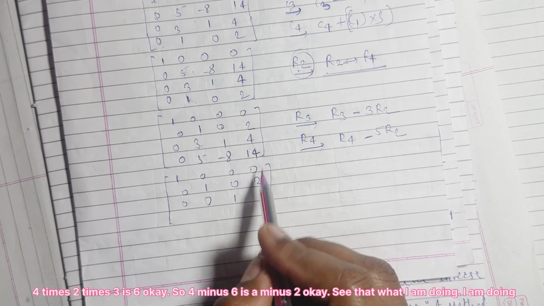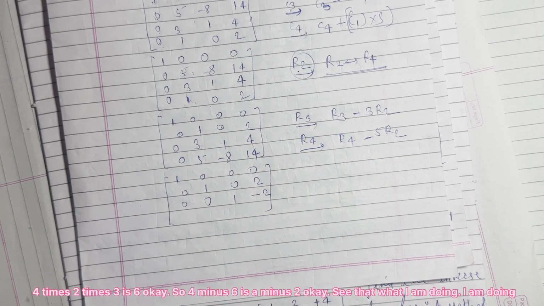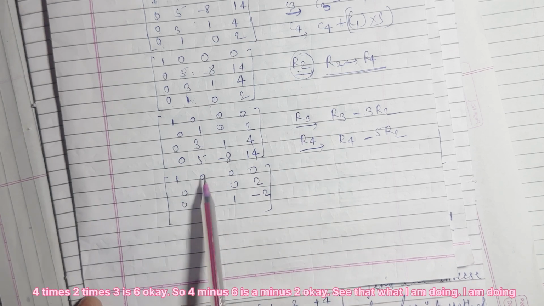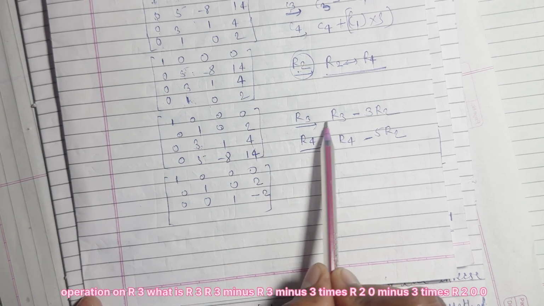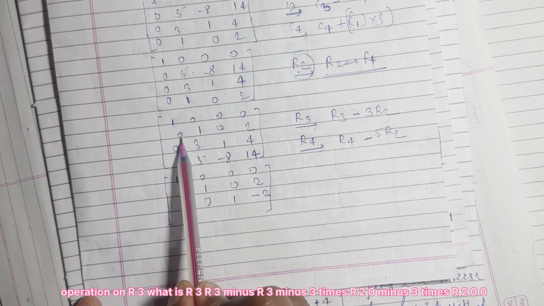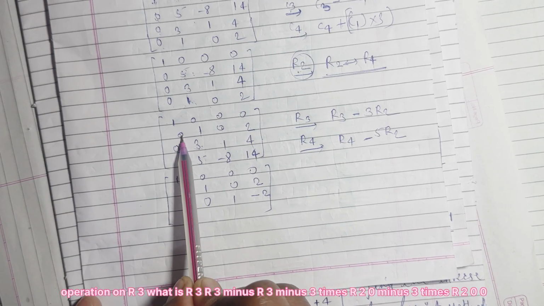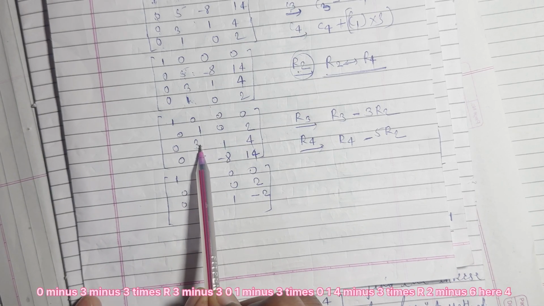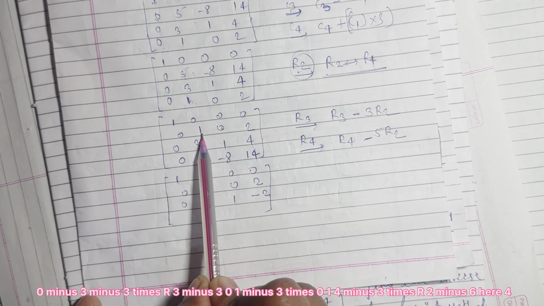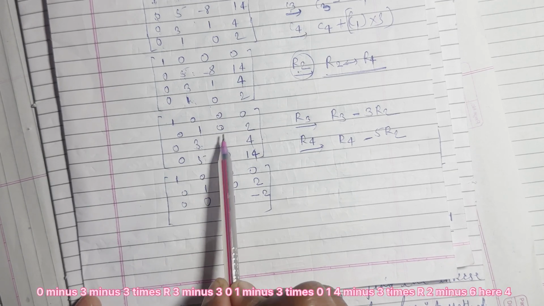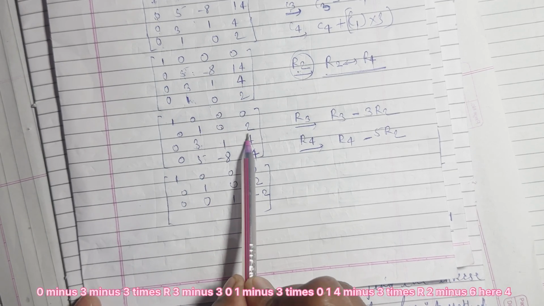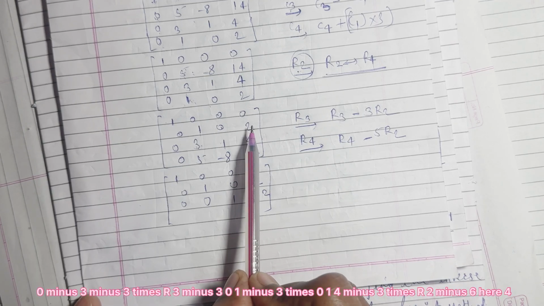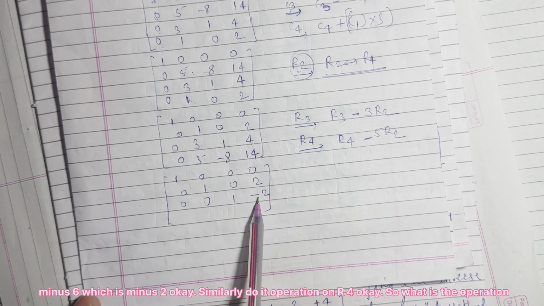So 4 minus 6 is a minus 2. See what I am doing, I am doing operation on R3. What is R3? R3 minus 3 times R2: 0 minus 0 is 0, 3 minus 3 is 0, 1 minus 3 times 0 is 1, 4 minus 3 times 2, which is minus 6, so 4 minus 6 is minus 2.